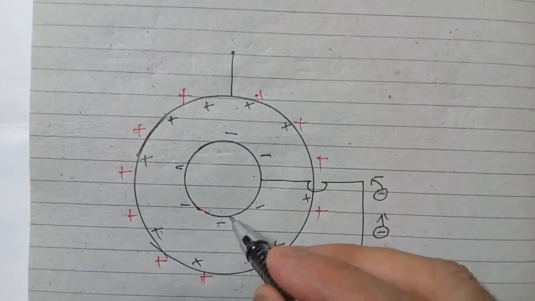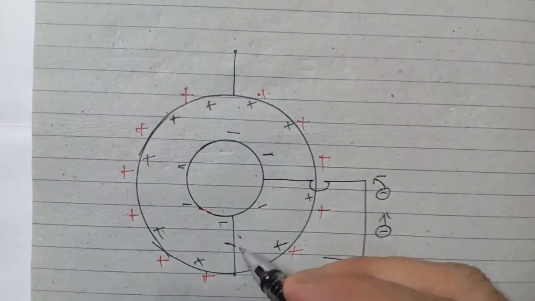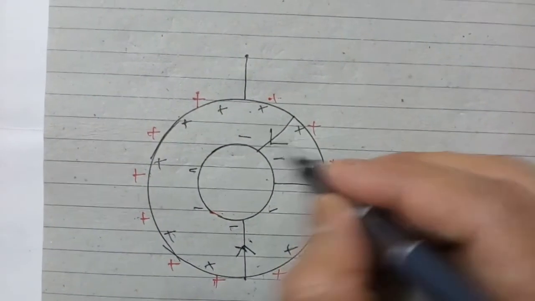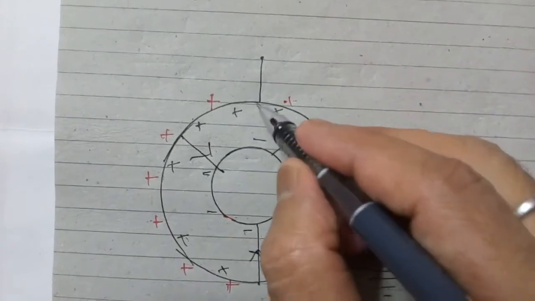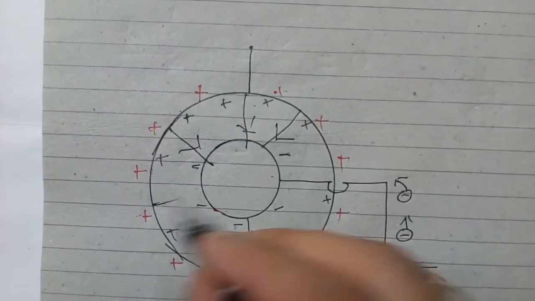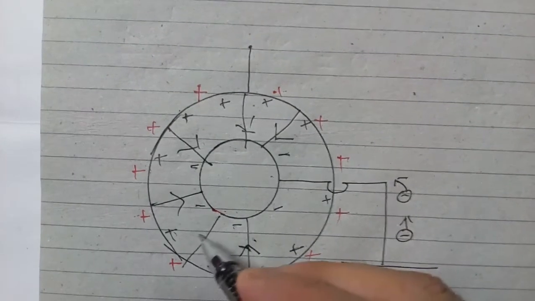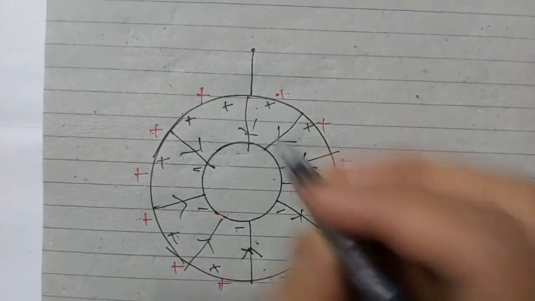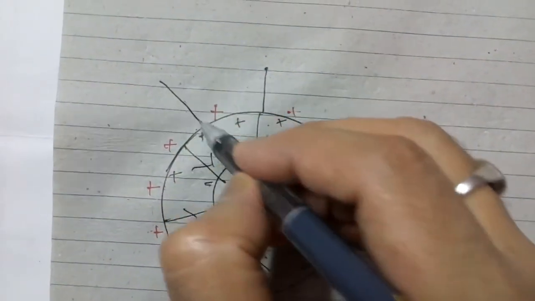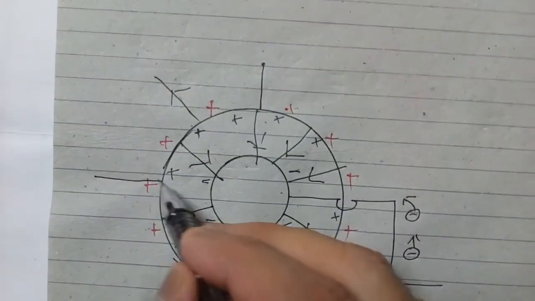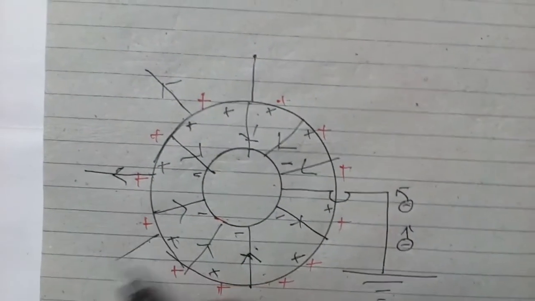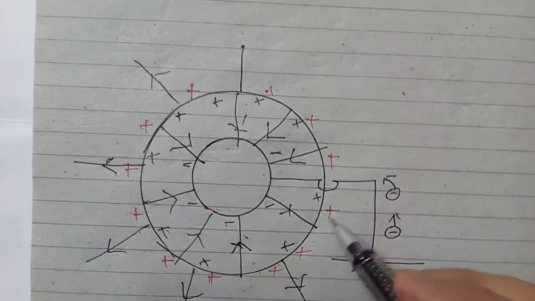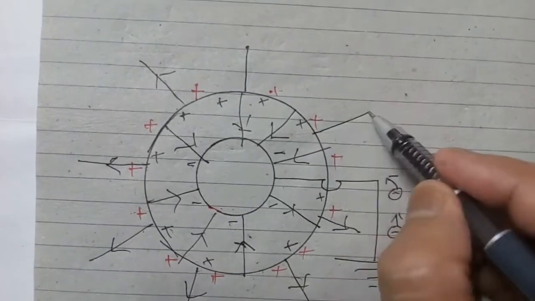Now we have an electric field from plus to minus inside this arrangement of concentric hollow spheres, and we also have an electric field due to positive charge in the outer space.